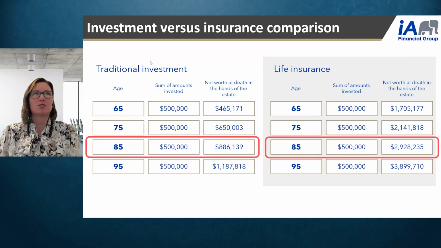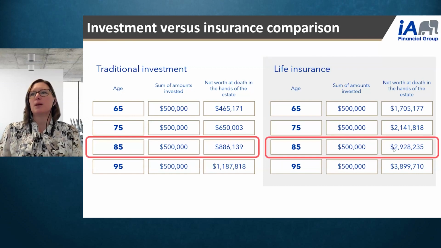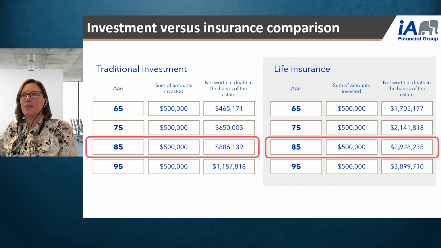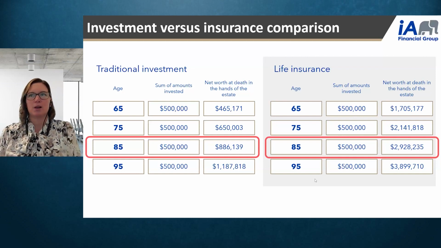Again, we're looking at a traditional investment here, some returns over time. The net worth in the hands of the estate is 886 if we're using a mutual fund style investment, compared to using our par wealth over here, where we have that 2.9 million that is available to go to the hands of the estate at the end of the day.